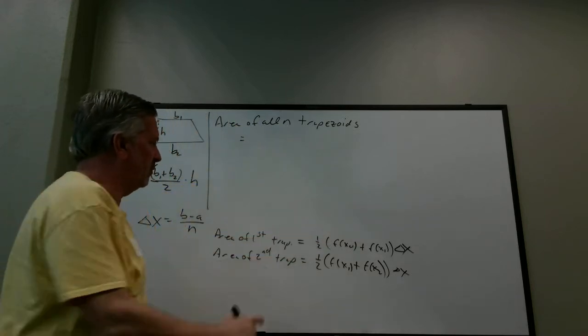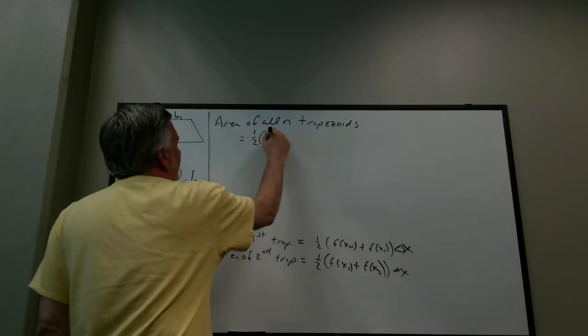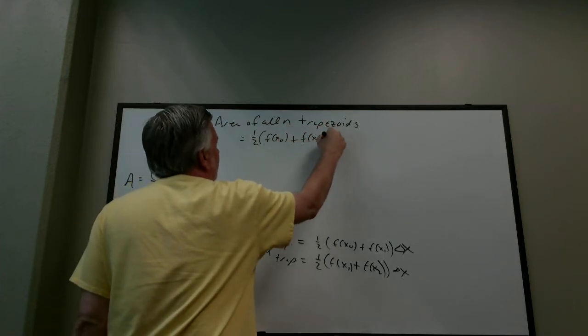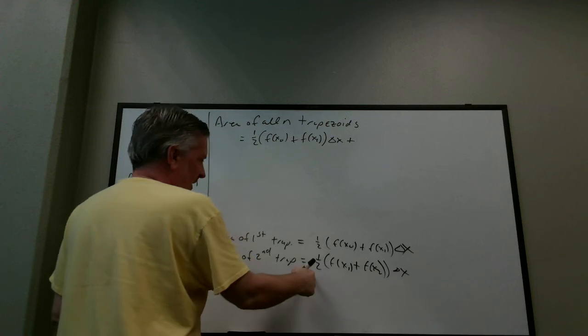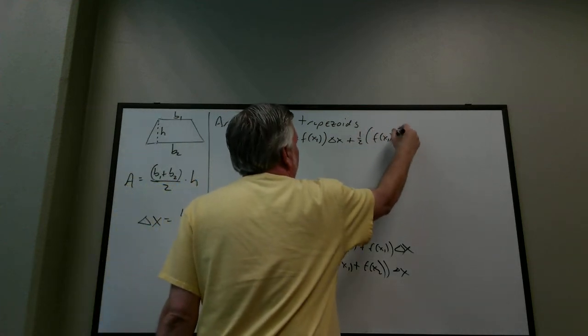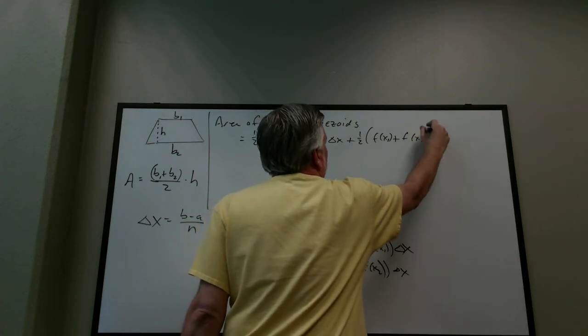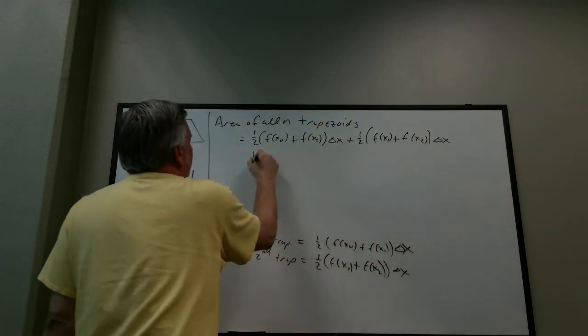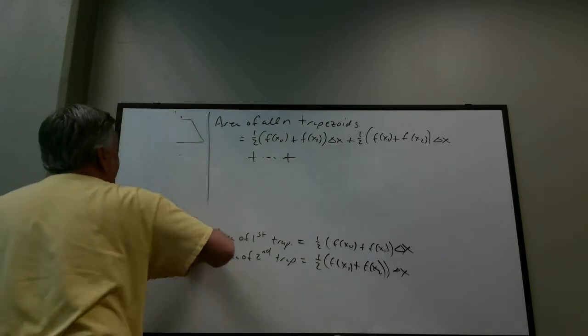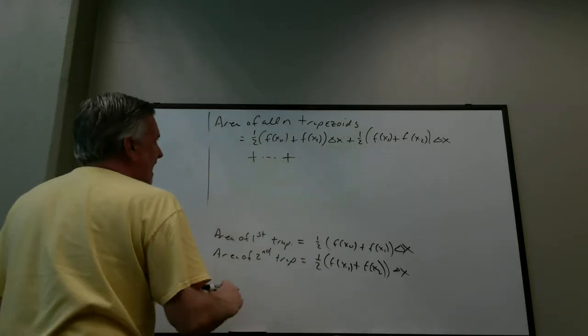Well, it's the area of the first one, 1/2 f of x naught plus f of x1 delta x, plus the area of the second one, 1/2 f of x1 plus f of x2 delta x, plus dot dot dot. Oh, I guess I shouldn't have erased my picture. We didn't do the area of the last one. But what's the area of the last trapezoid?